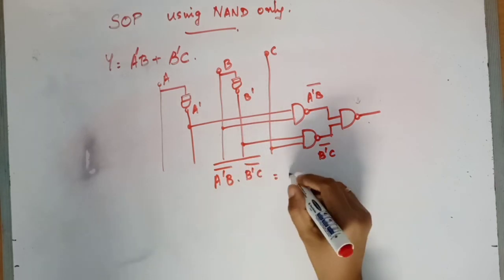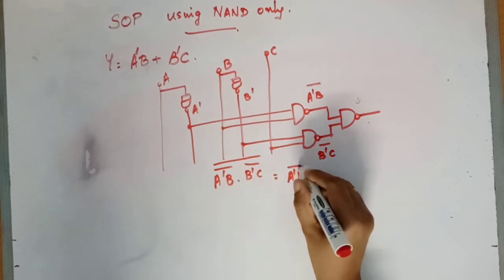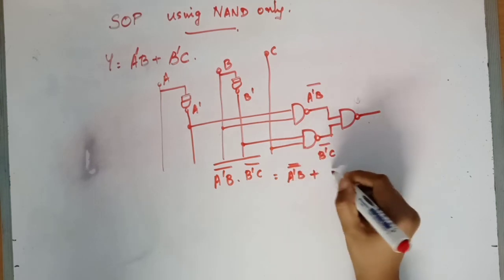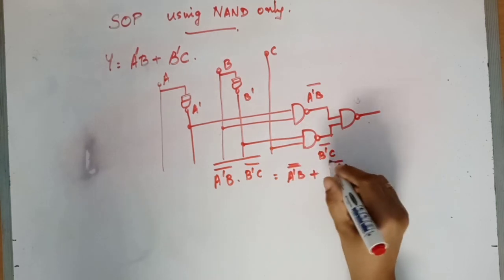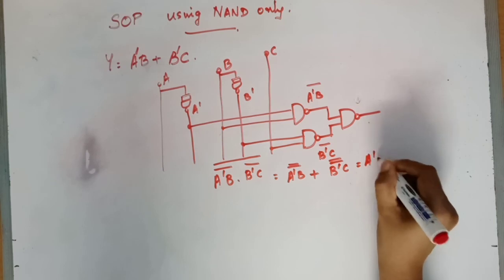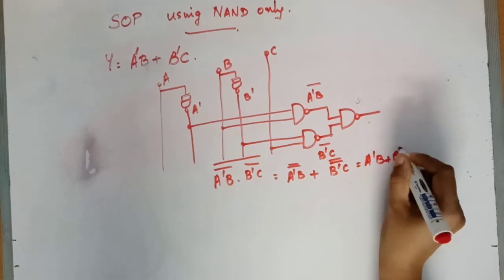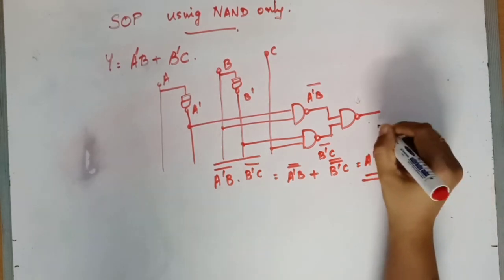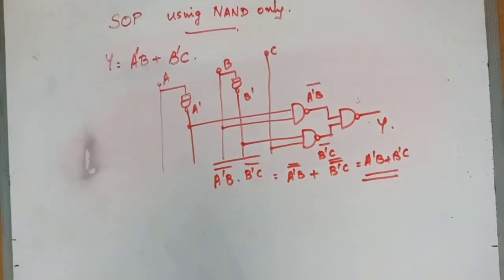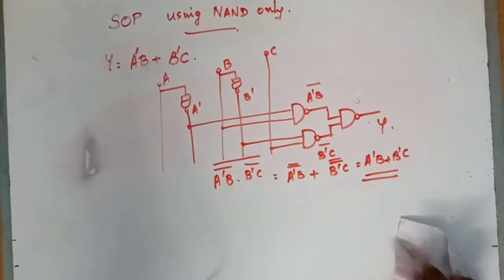So that will be A bar B double complement plus B bar C double complement, which will be A bar B plus B bar C. That is your one. So this is how you implement an SOP using NAND only.